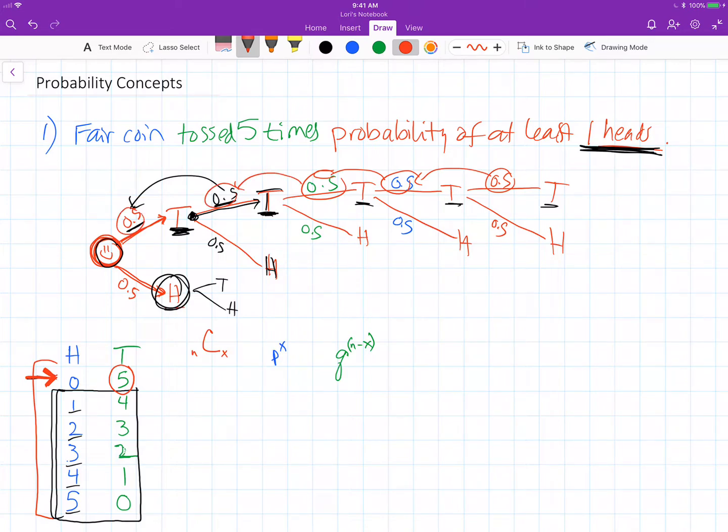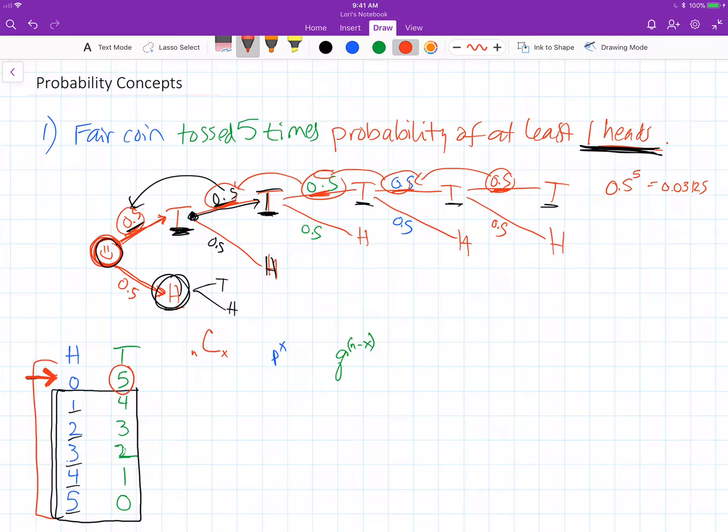Conceptually, the only way to get tails 5 times in a row is equal to 0.5 to the 5th, or 0.5 times 0.5 times 0.5 times 0.5 times 0.5. The answer to that question is 0.03125. See if I can write it big enough right there.